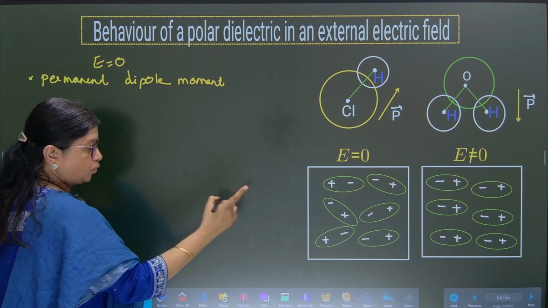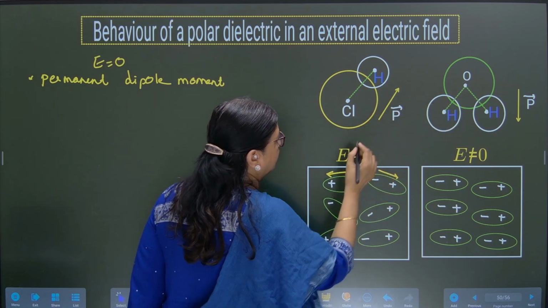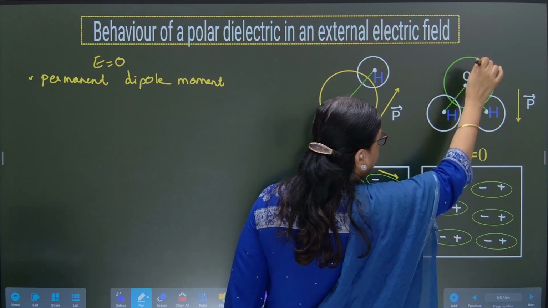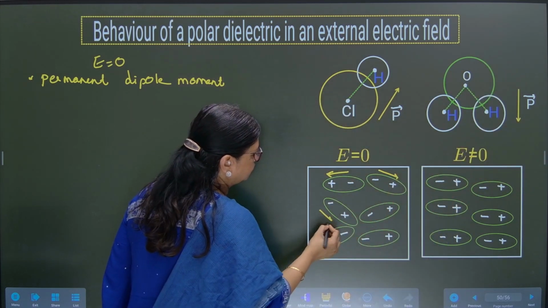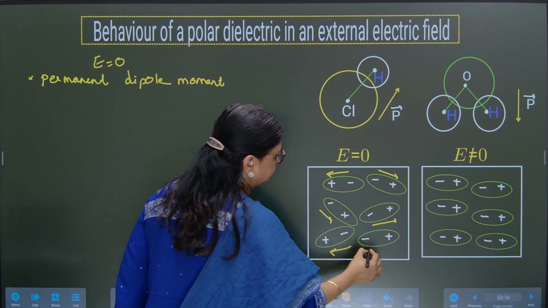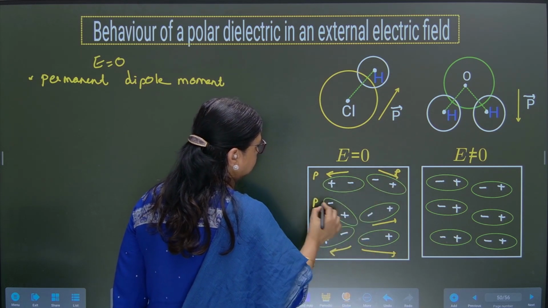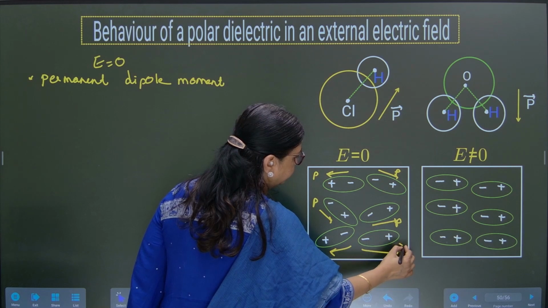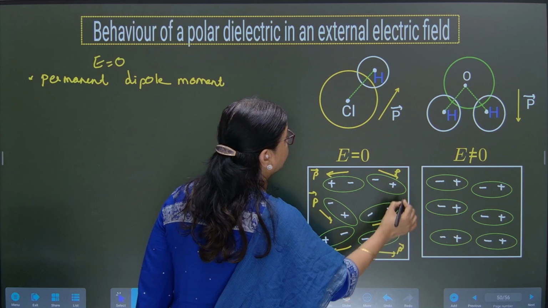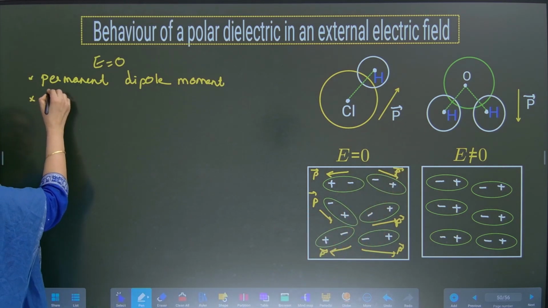But as you can see, the direction of all these dipole moments, the direction of P vector is this way, and in this case also you can see the direction of P is from negative charge to the positive charge. You can see the directions of all these dipole moments denoted by P vector are random, in different directions.